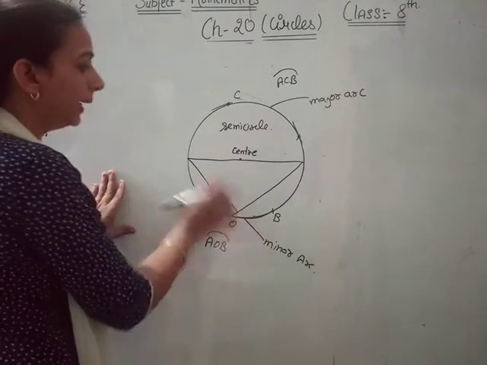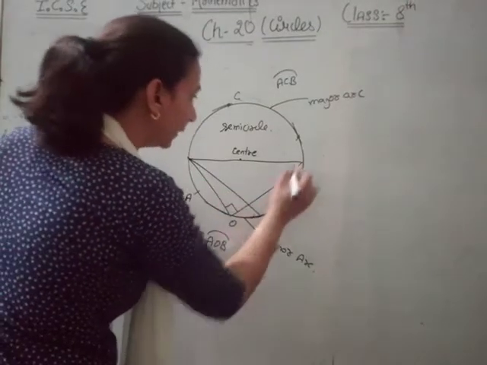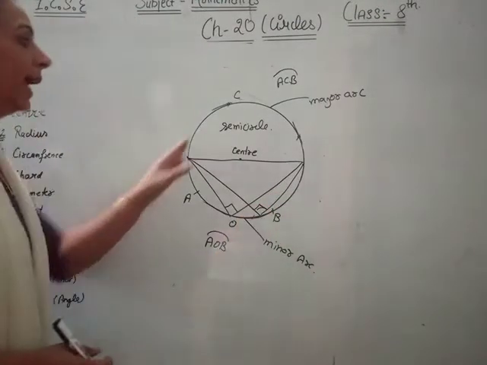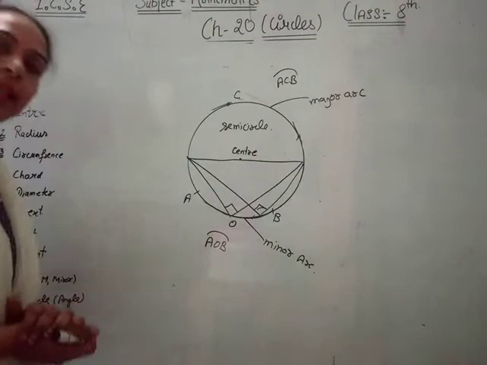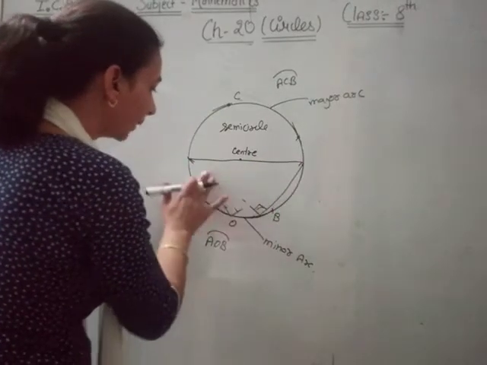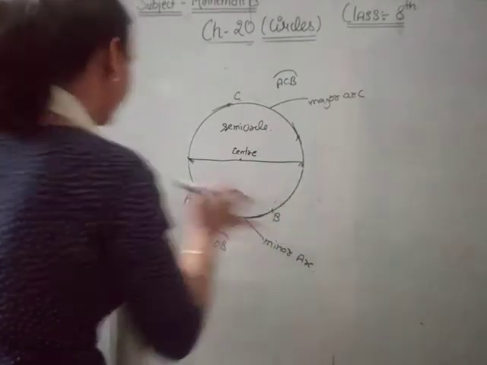Any angle in a semicircle is 90 degrees. If we take this angle, this is also 90 degrees. Semicircle is half of a circle.